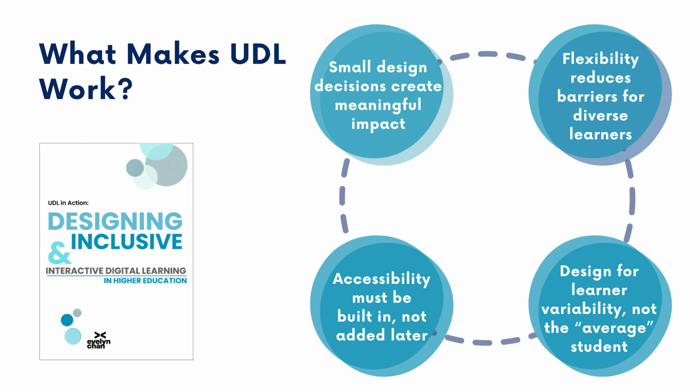So I actually have a book about UDL, and these are the four main points when you're working with UDL. The first one is small design decisions create meaningful impact. Just a really small thing that you do in your course can make a big impact, even just alt text or captioning as the really minimal start, but do not stop there.